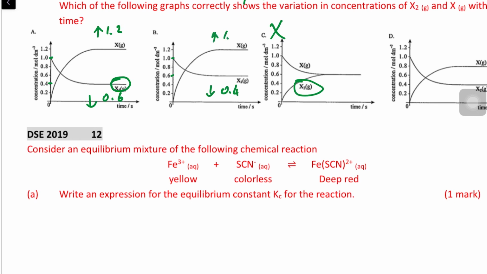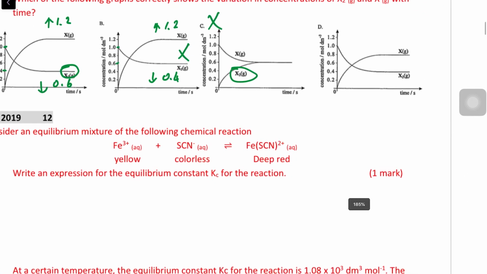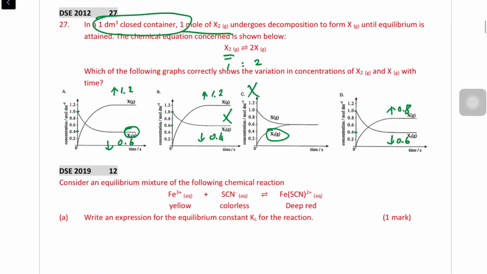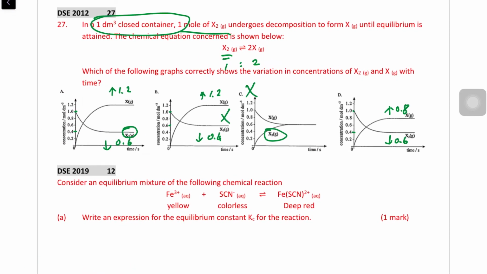But this one increased 1.2, so it doesn't fit our idea. And how about this? Starting from 1, final is 0.4, drop 0.6, but only increase 0.8. So again, it does not fit our answer. So for these questions, the answer should be A.